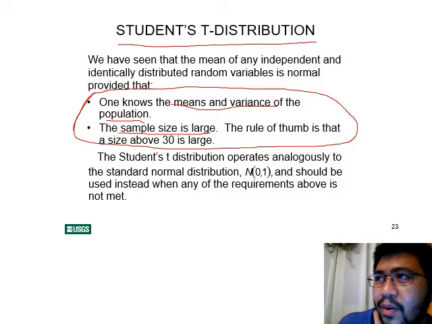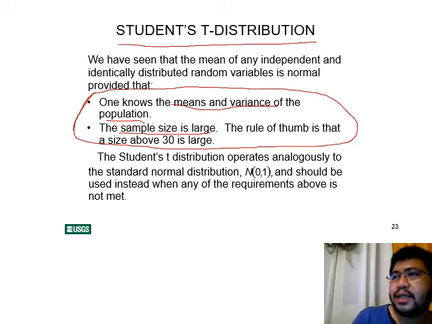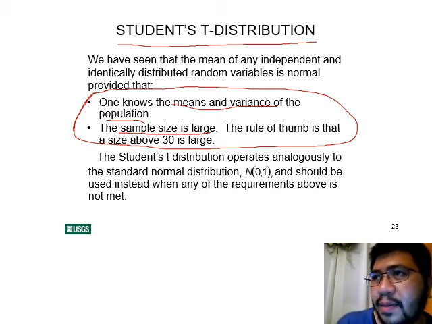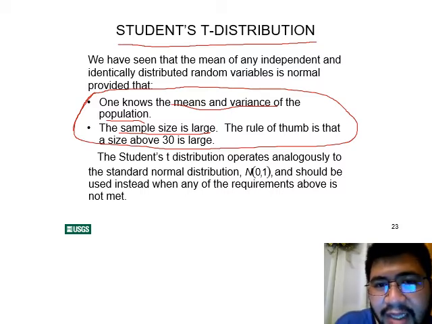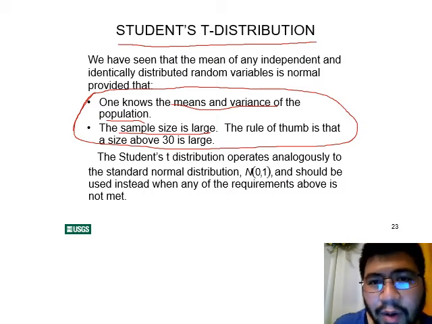Okay? So students T was invented by, I think, a beer brewer or a beer brewing quality checker. Okay, so this person wanted to remain anonymous with his publications, so he published his statistical methods under the name student. Okay, his pseudonym was student, and he basically invented ways to check the quality of beer ingredients by only taking a few observations.